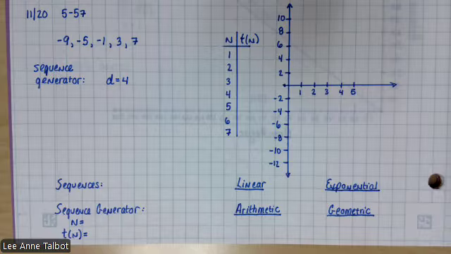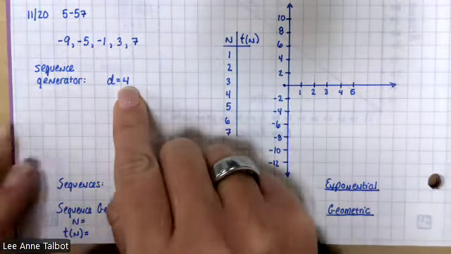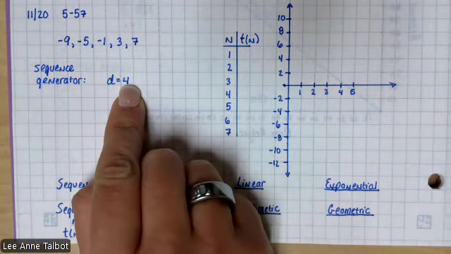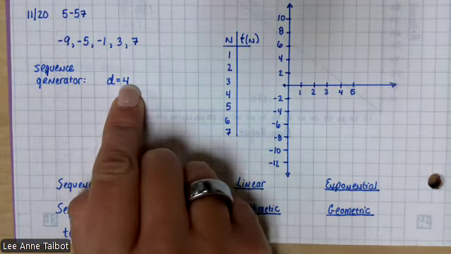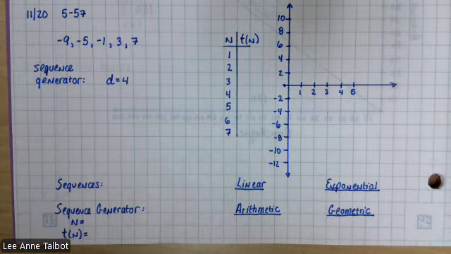And you'll be able to see that it matches the slope of what the line would be if we had sketched the line. Okay, so most important thing, the growth is adding 4 each time. So D, the common difference between them, is 4. And if you want to think in your mind the slope is 4, that's totally okay. It's just that it's not really a line. It's just dots in a line.